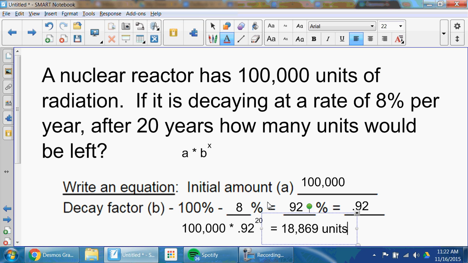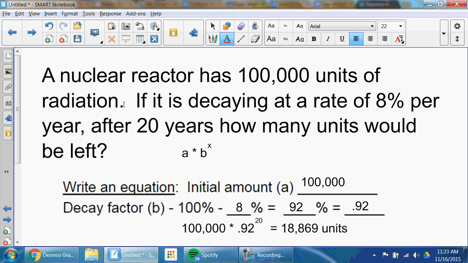Use this to help you with our growth and decay. And the really important thing to remember is that our exponent can change if it's over a period of time. Let's say this happened per year and it was in 20 years.